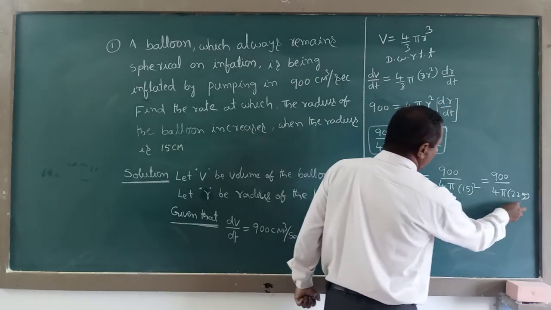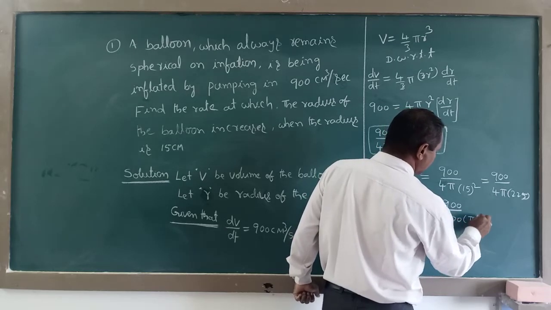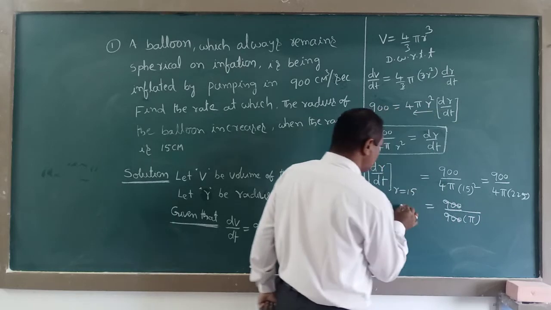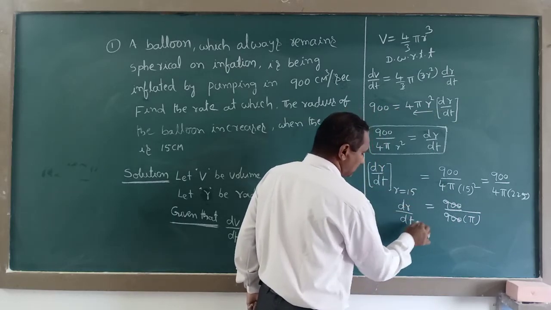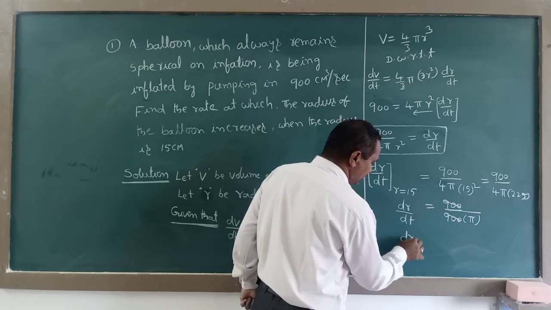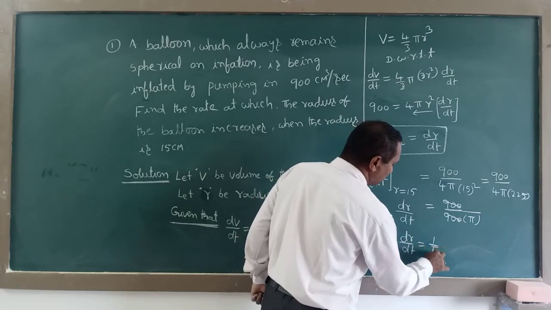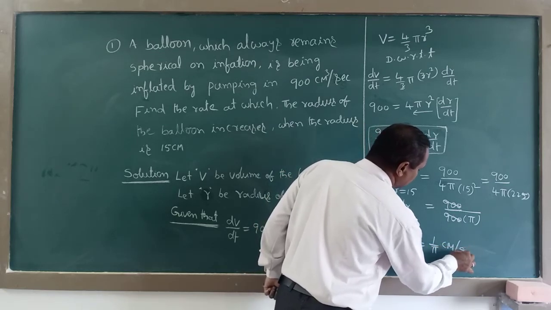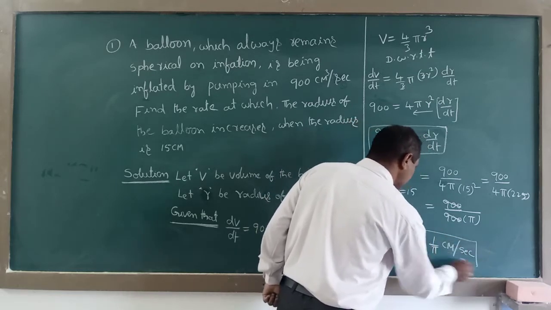That is 4 into 225 becomes 900 into pi as it is here. Now 900 gets cancelled. That's what the final answer we can write here: dr by dt is equal to 1 by pi centimeter per second. It is the answer for this question.